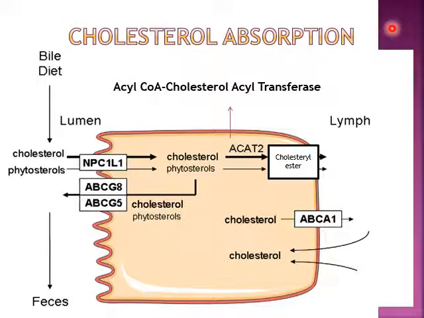Cholesterol is also absorbed from the lumen of the intestine into the intestinal cell. Cholesterol is found in our diet, and we also take some amount of phytosterols, which are the sterol counterparts of cholesterol in vegetables.